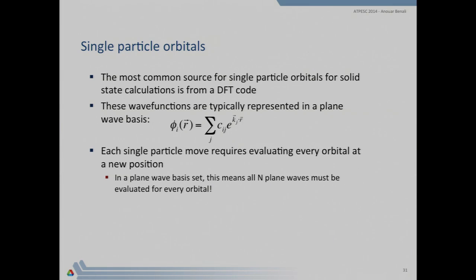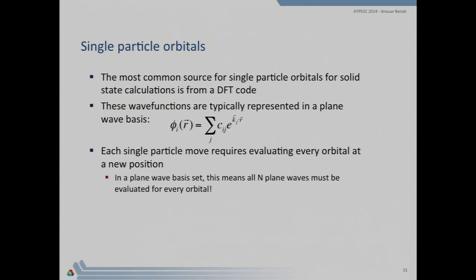So the most common source for the single particle orbitals that are part of the trial wave function comes from a DFT code, as I said. Usually these wave functions are represented by a plane wave basis, like this here. And each single particle move, so each time we decide to make a move, requires the evaluation of every orbital for the new position.